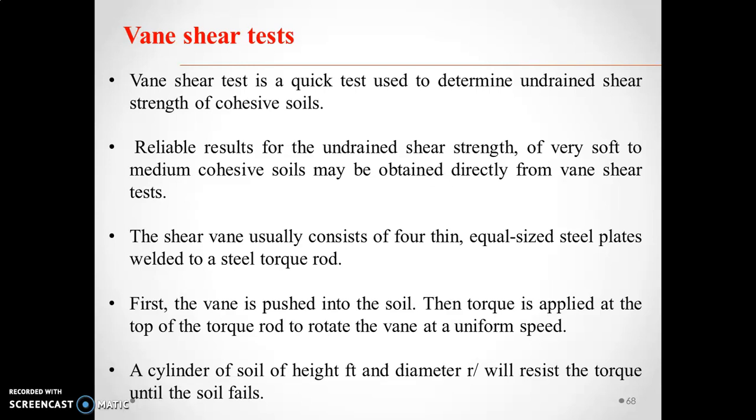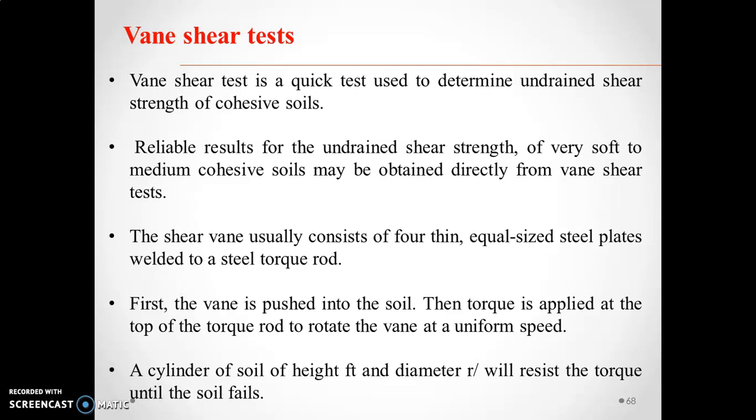The vane shear test can be conducted both in the laboratory and in the field. A typical laboratory set of vanes has 20 mm height, 12 mm diameter across the vanes, with blade thickness of 0.5 to 1 mm. And usually the field set of vanes is of size 100 to 200 mm in height and 50 to 100 mm in diameter, with blade thickness of 2.5 mm.